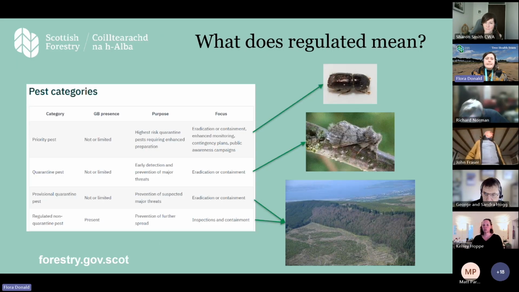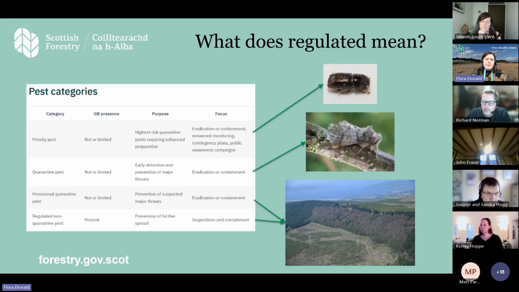Okay, so I'm finally getting to what regulated pest actually means. This is from our website. You can go and see a bit more information about the legislative side on our website, and we've got this table. So I'm trying to give an example from each of these classifications of regulated pest. The top tier, Matt's already mentioned Ips typographus, the larger eight-toothed spruce bark beetle.